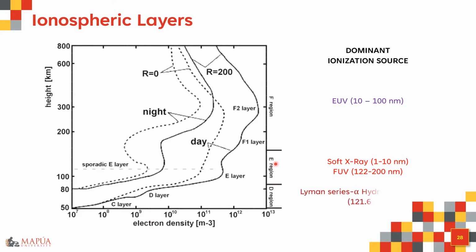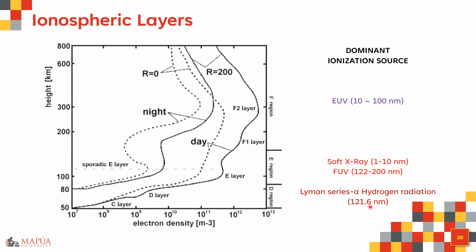And then the hydrogen Lyman series, alpha, which is different from the Balmer series. This is UV. The Balmer series is visible. The Paschen series is infrared.